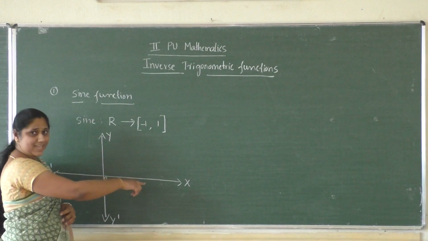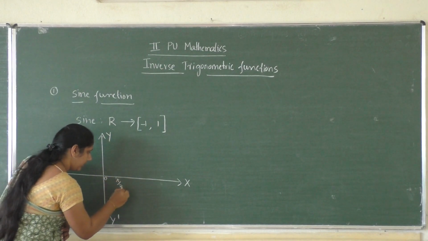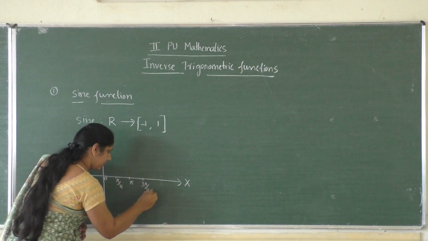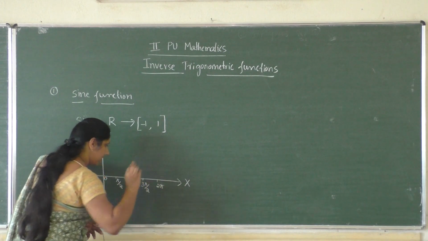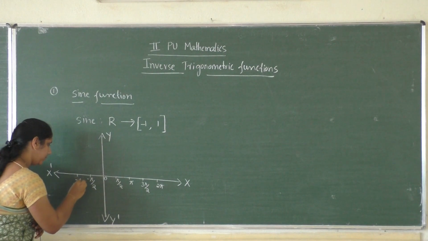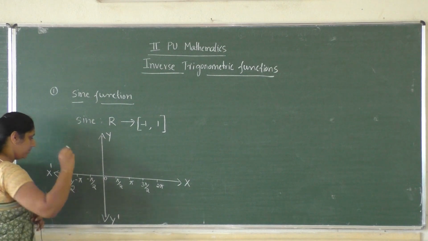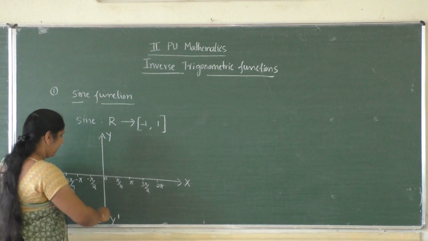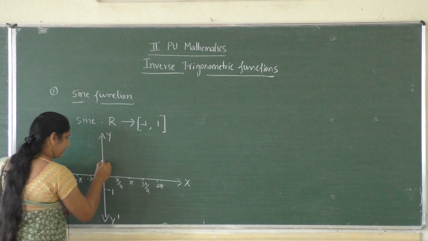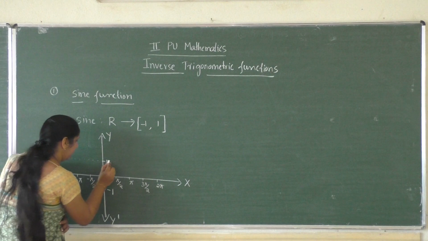So along the x-axis I will take the radian measures, that is pi by 2, pi, 3 pi by 2, 2 pi, and so on, and on the negative side it is minus pi by 2, minus pi, minus 3 pi by 2, and so on. And along the y-axis, here minus 1 and here plus 1. So I will draw one line.